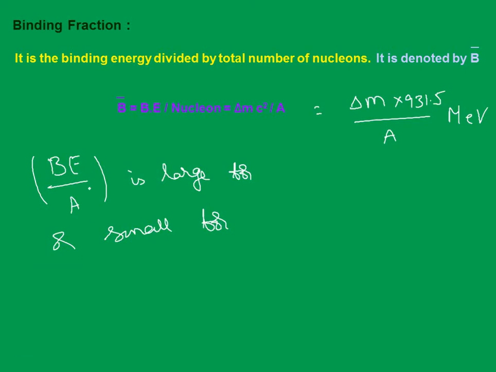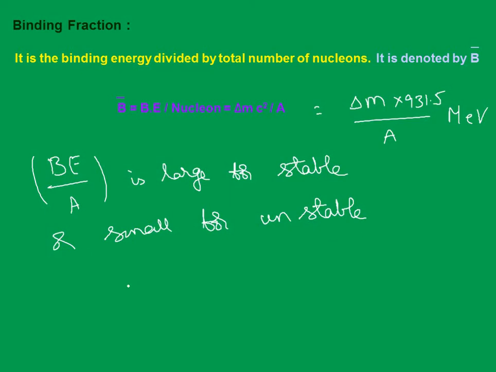Binding energy per nucleon is large for stable, and for unstable nuclei binding energy per nucleon will be small. I think I wrote properly now. Okay. Binding energy per nucleon is large for stable and small for unstable, right?